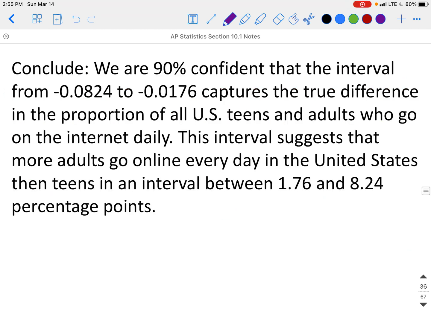So we are 90% confident that the interval from negative 0.0824 to negative 0.0176 captures the true difference in the proportion of all U.S. teens and adults who go on the internet daily. This interval suggests that more adults go online every day in the United States than teens, in an interval between 1.76 and 8.24 percentage points.